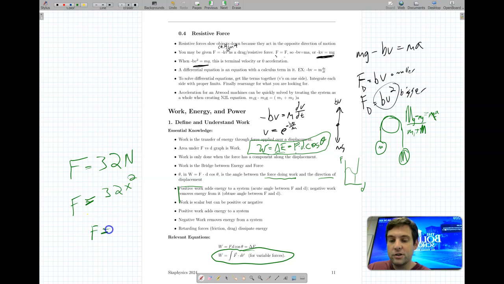Sometimes that function will be a little bit more difficult to see. You might get a function that's just F equals x. That's still a valid function. You can still plot that on a graph and still get a line. It's just that whenever you have that function, you're going to need to, for this instance, integrate with respect to your position.